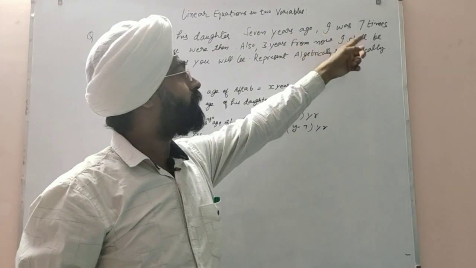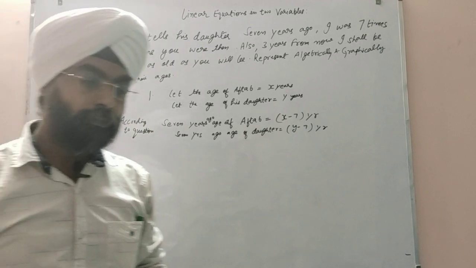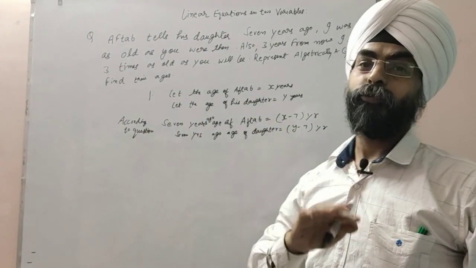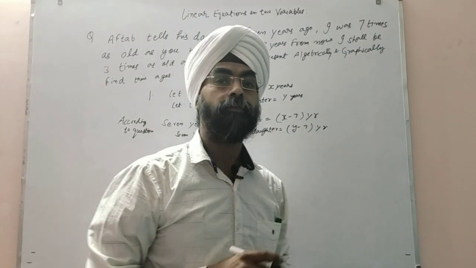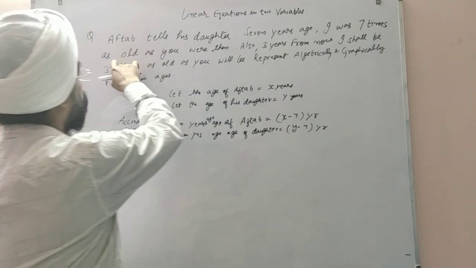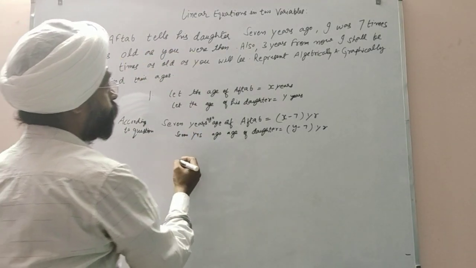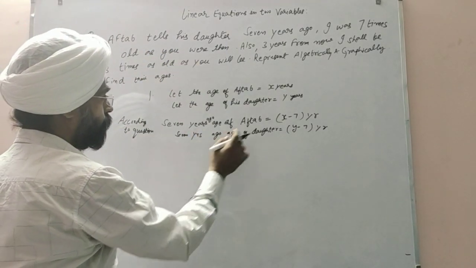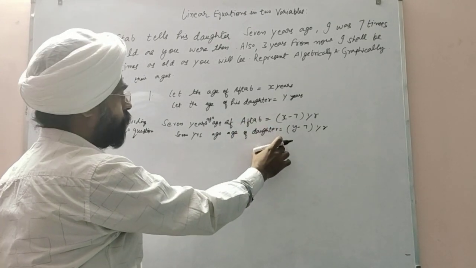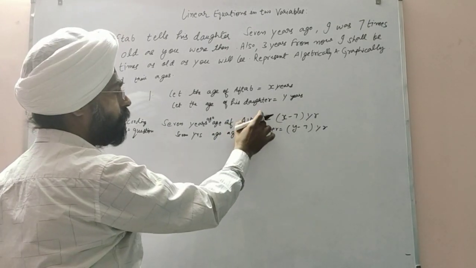Now, I was 7 times. This is the point. Whenever there are questions of father and daughter, or father and son, the father always remains elder than the daughter or son. So it was 7 times as old as you, means Aftab is the father and the daughter is his daughter.